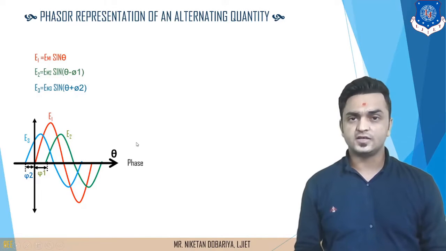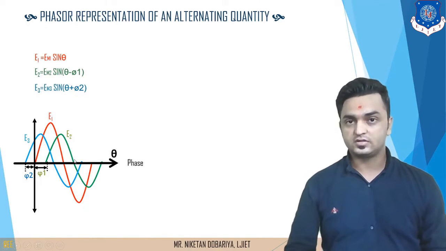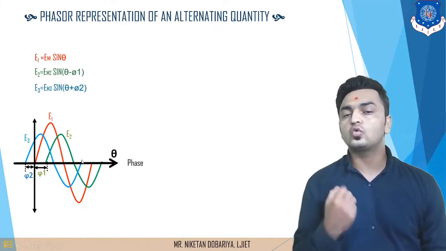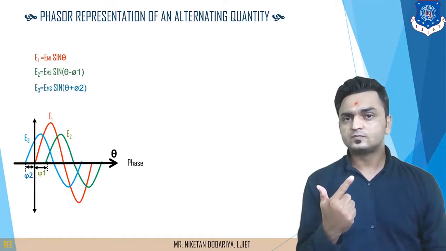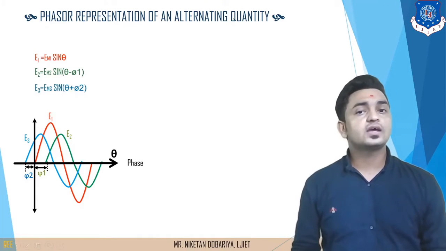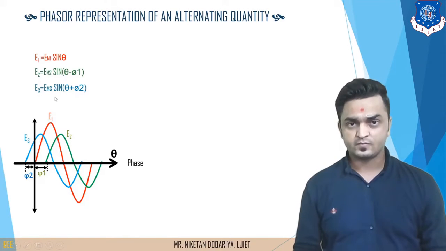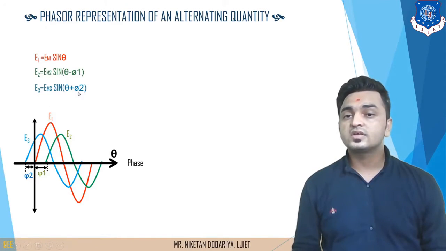Similarly, if we want to plot the phasor diagram based on these equations or waveforms, how do we plot it? First of all, to plot a phasor diagram we need two things: first, magnitude, and second, its angle. The magnitudes of these parameters are given by Em1, Em2, and Em3. The angles of these quantities can be taken from the phi angle.